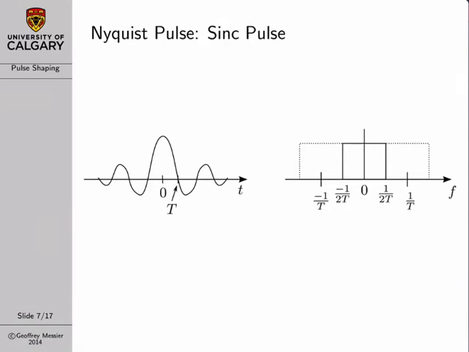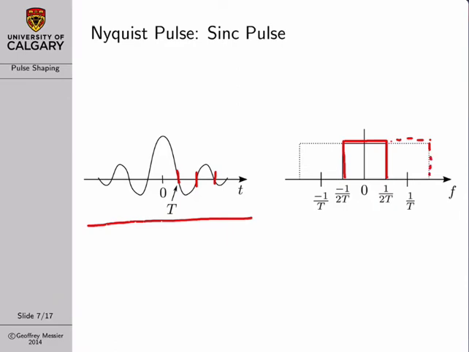In the time domain, we have a Sinc pulse where the zero crossings occur at T, 2T, 3T, and so on. And in the frequency domain, we have the square spectrum of our pulse shape, but then the dotted line represents the aliased spectra.